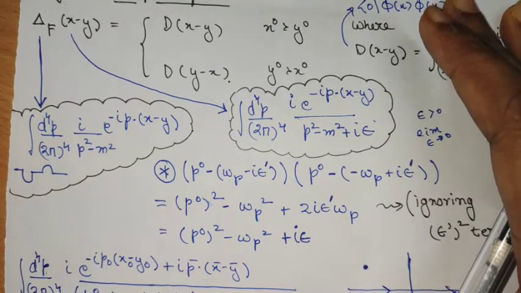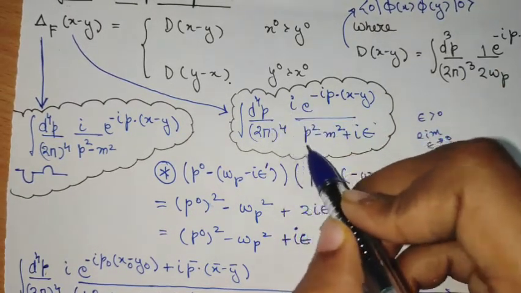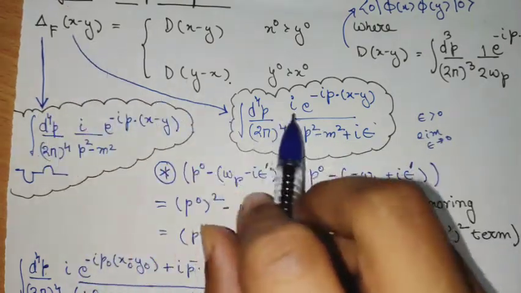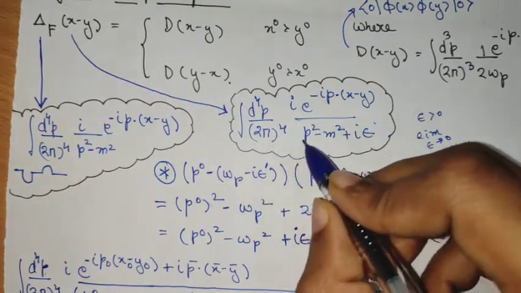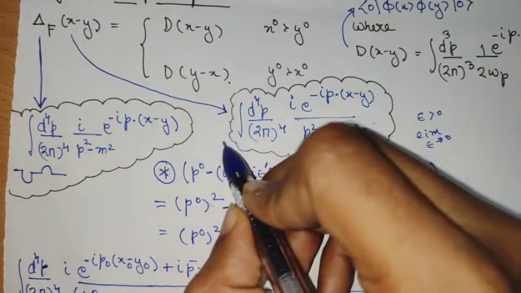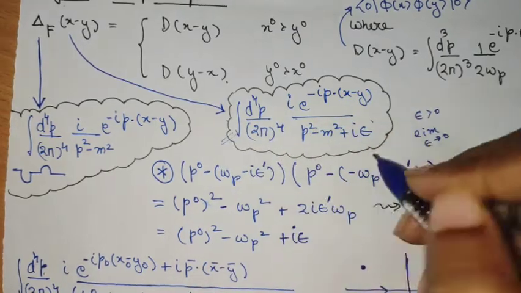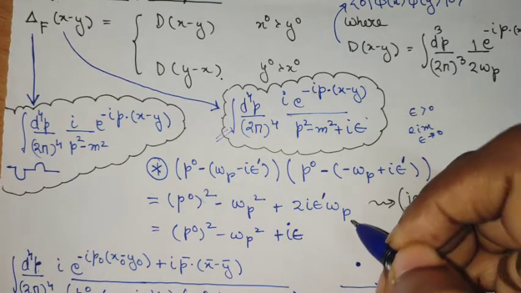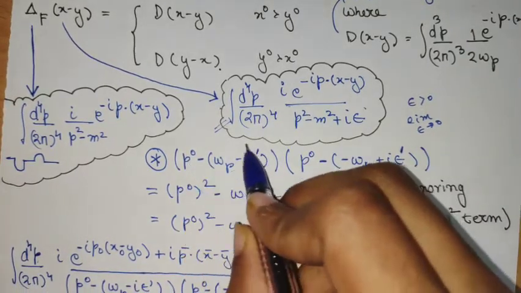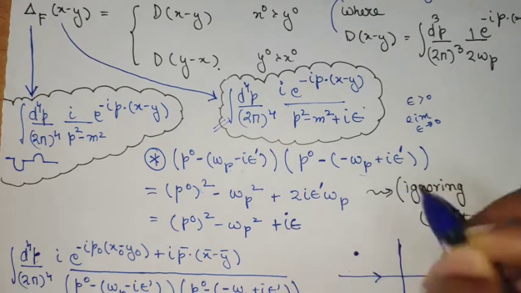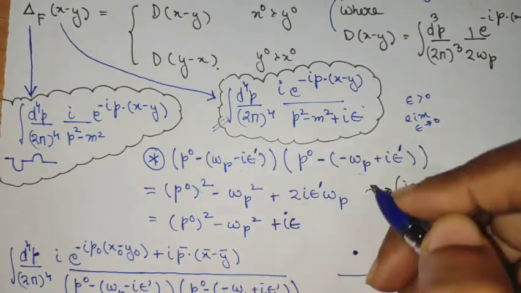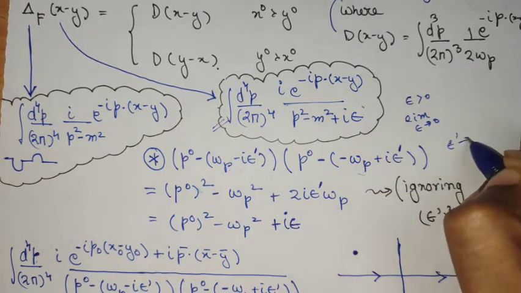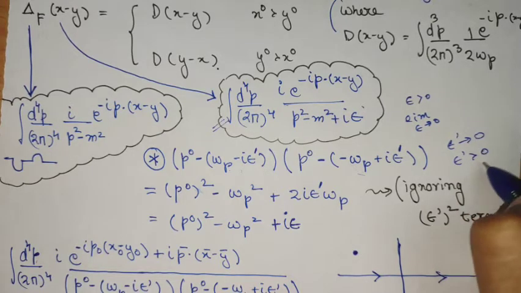Now let's see why it is true that this and this are the same. So what we do is a contour integration of this particular integral, and for this let's break this denominator into two poles. So here you see p0, this particular decomposition and this particular decomposition, where epsilon also tends to 0, and epsilon prime also tends to 0, and epsilon prime is greater than 0.